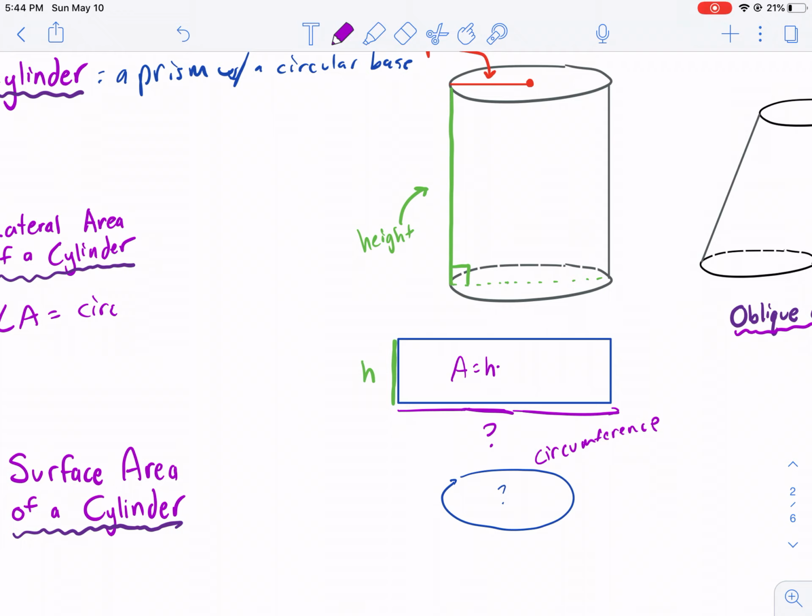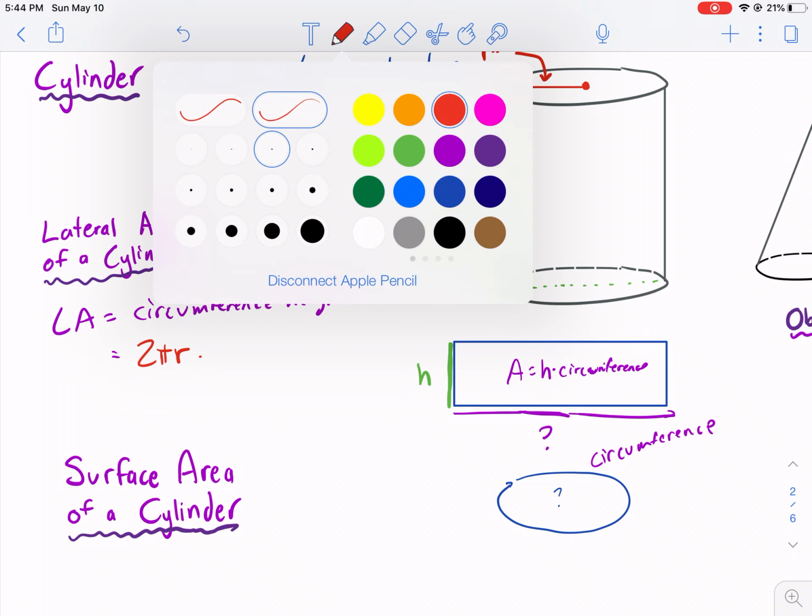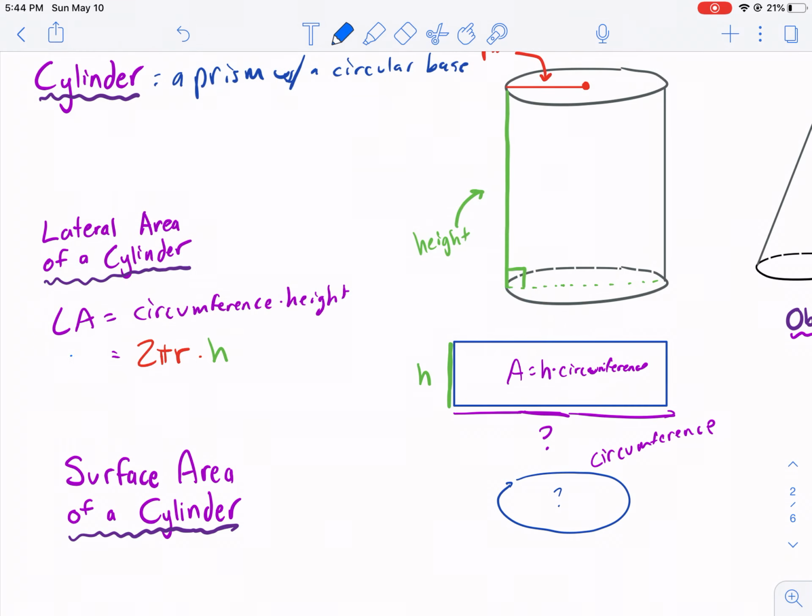It was h before, and now we know that the width is the circumference. So now I have my lateral area formula: the circumference times the height. Let's use more specific terminology. I'm going to write 2 pi r. That's the same thing as circumference, and then times the height. That is equal to my lateral area.